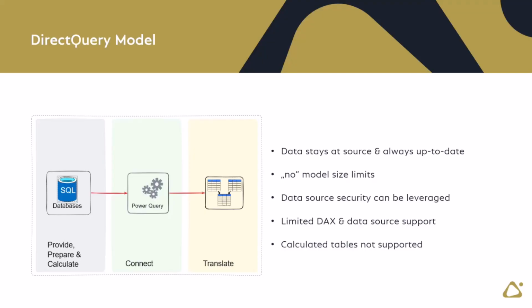On the other hand, you do have limited DAX support. For example, there are no calculated tables available. And you can only use one database, one data source in your model. So DirectQuery is strong when data freshness matters, if your data latency has to be as low as possible.